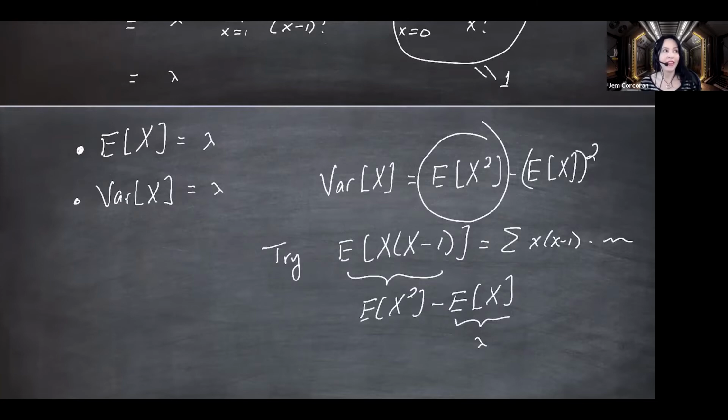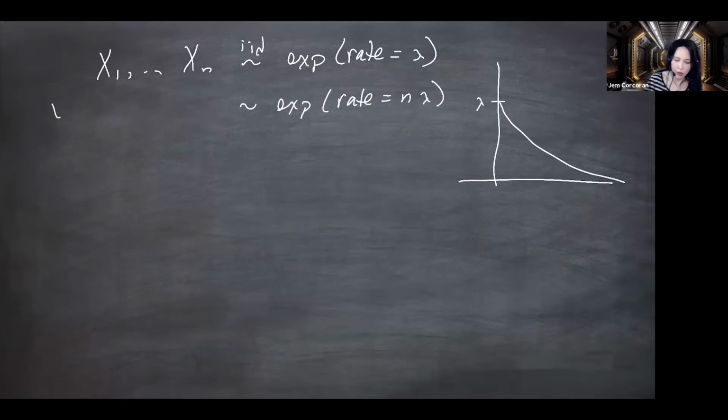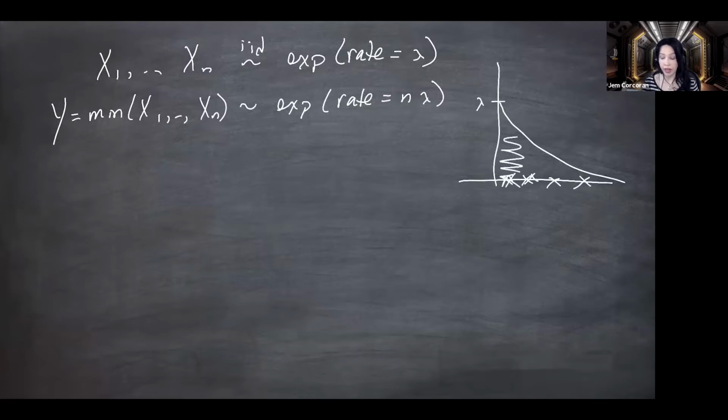Okay, we saw last time that the minimum of exponentials is another exponential. Specifically, if x1 through xn are IID exponential with rate lambda, then y, defined to be the minimum of x1 through xn, is exponential with rate n lambda. I talked about this from a sampling point of view, going over to my graph. If you start sampling exponentials, they're going to mostly be piled up over here because that's where most of the area is.